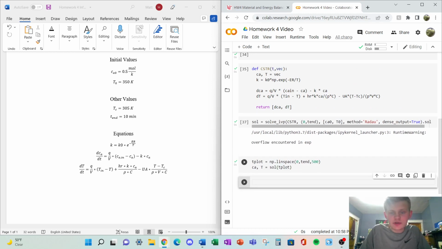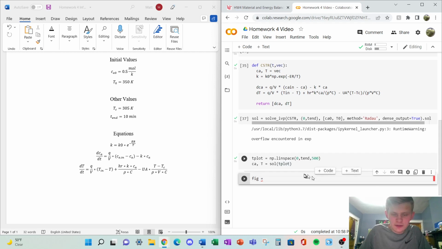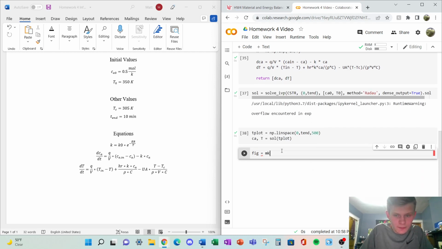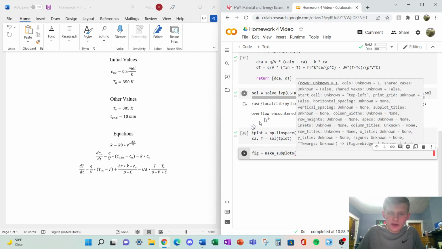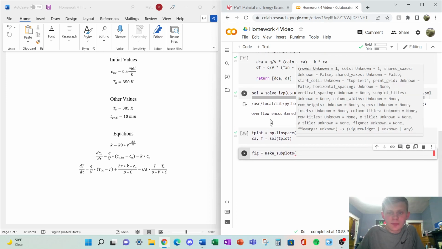And the last thing we want to do is make our plots themselves. So our figure, or fig, is equal to make subplots. Oops, spelled that wrong. But since we have two things being represented here, we're going to do something a little different with our plots this time.